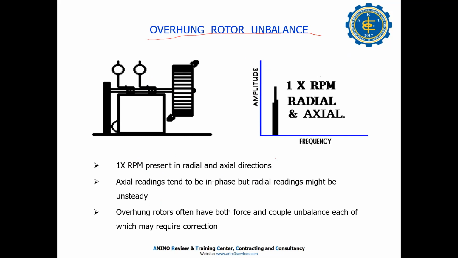So if you get the reading, the 1X of the radial and the axial is high. Axial readings tend to be in phase, but radial readings might be unsteady. Overhang rotors often have both force and couple unbalance. Each may require correction.